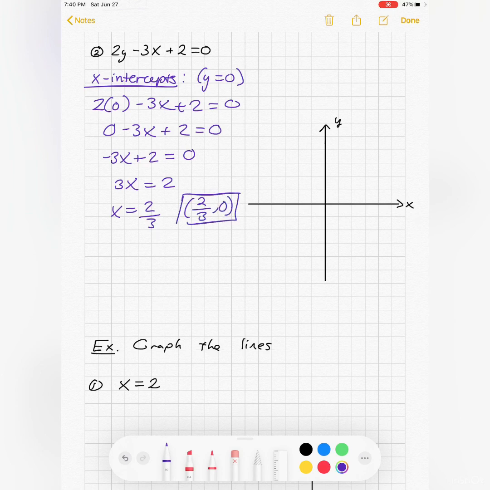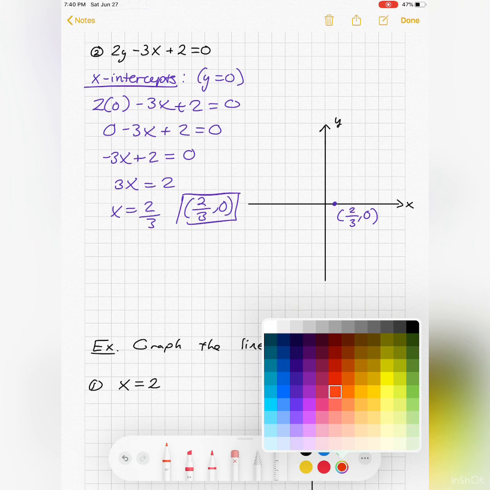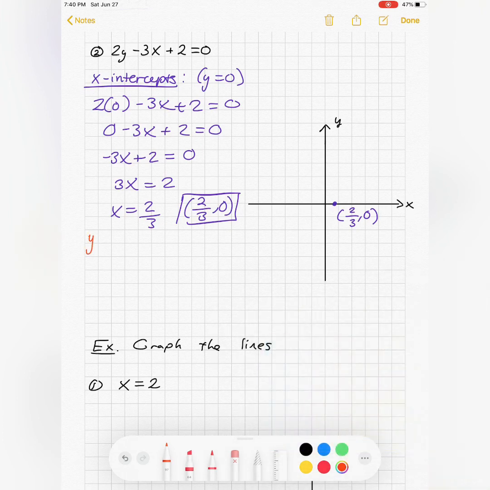Two-thirds, 0. Okay, what about my y-intercept?